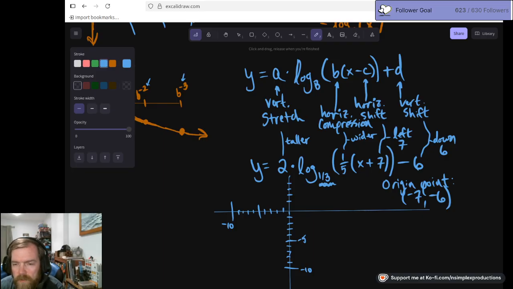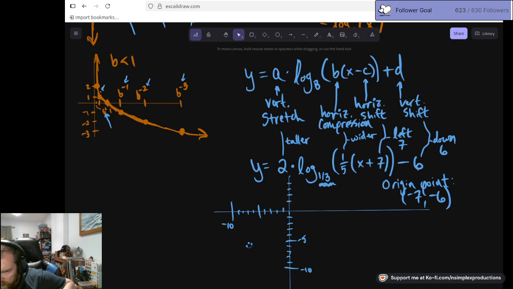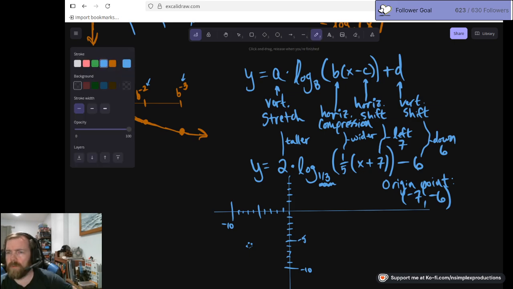Okay, so -7, -6 gets us to here as the origin point. Now it is really important that this is, right, at the origin point means that this is where the vertical asymptote is.